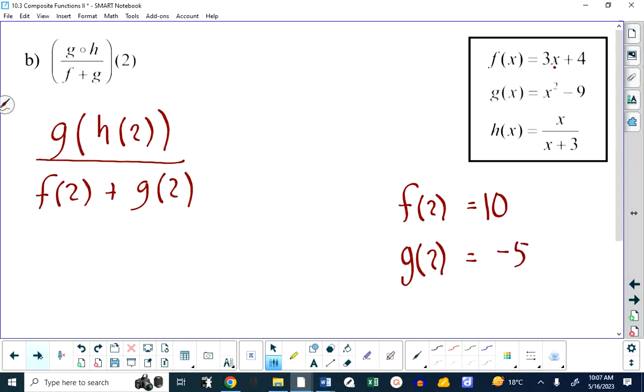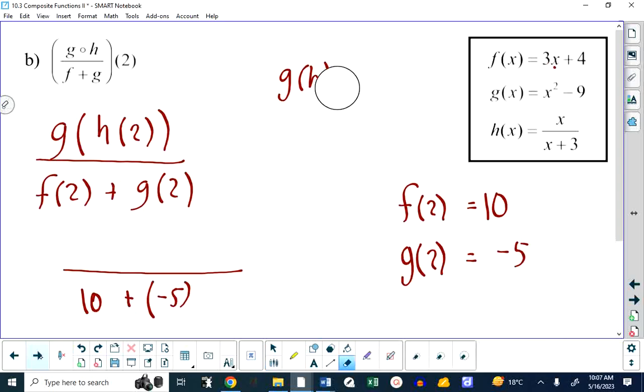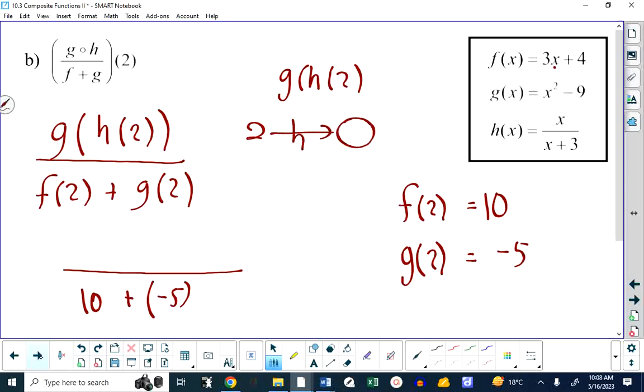Okay. So that means in this expression on the bottom I have 10 plus negative 5. On the top I have g of h of 2. That means I take 2 and feed it through h, and take that result, whatever it is, and feed it through g.